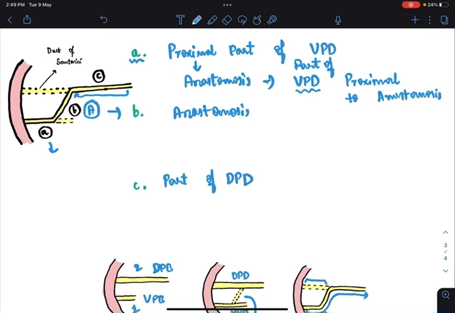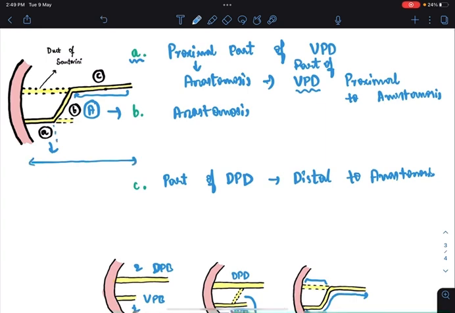Distal. Distal means after the anastomosis, distal to the anastomosis. See, if we draw a line here, this is the level of the anastomosis, and this is proximal to the anastomosis and this is distal to the anastomosis.